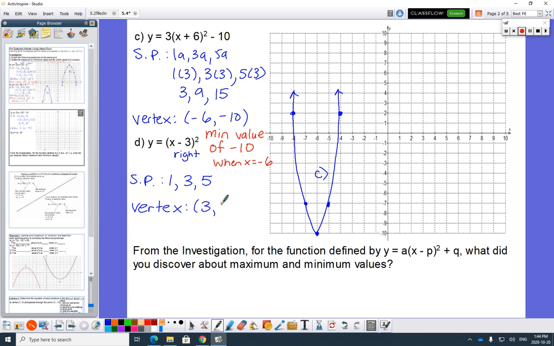So again, now we have another minimum value.